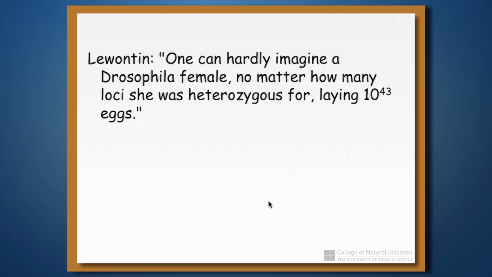In fact, another researcher named Dick Lewontin came up with a very pithy phrase, which is, "One can hardly imagine a Drosophila female, no matter how many loci she was heterozygous for, laying 10 to the 43 eggs."